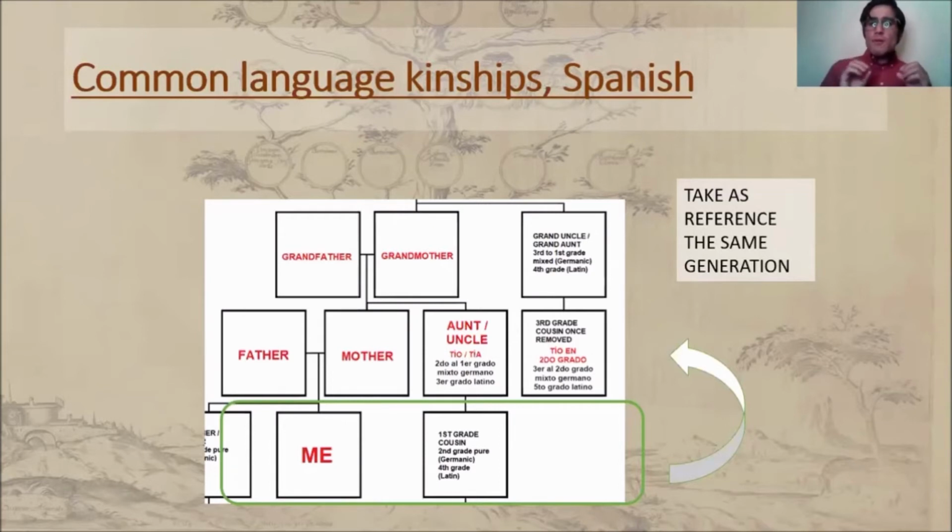You would like to mention one of your mother's first-grade cousins, who is explained using common language. Who is my mother's first-grade cousin for me is my tío en segundo grado, or my third-grade cousin once removed.